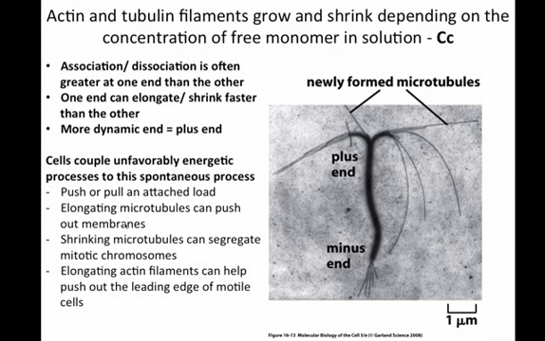When you're above your critical concentration, so when you have a high concentration of monomer, you're going to grow. And when you have a low concentration of monomer, you're going to disassemble. But that's in the absence of any of these proteins we're about to learn about that are going to completely mess with the critical concentration.